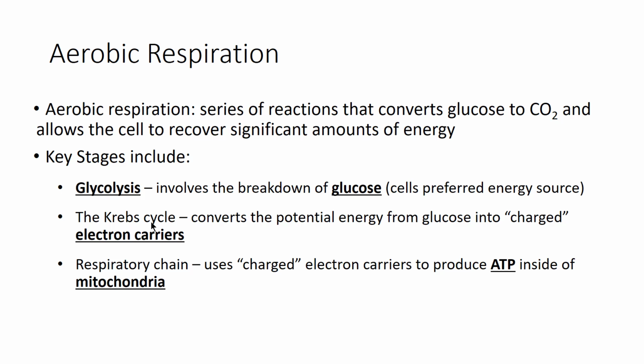Electron carriers, as the name implies, carry the electrons, which are some of the particles from our food, ultimately to the last step of the process, which is called the respiratory chain. These electrons are then shuttled through a series of carriers to ultimately make ATP, which occurs inside of our mitochondria. And this is why the mitochondria is referred to as the powerhouse of the cell, because it's able to use the products of food to make ATP.